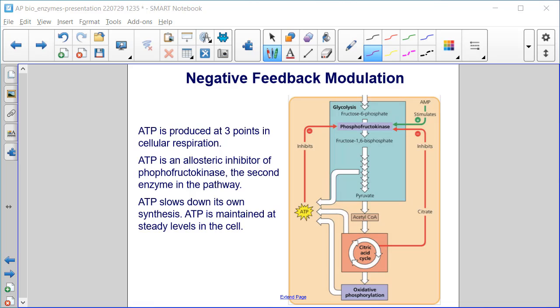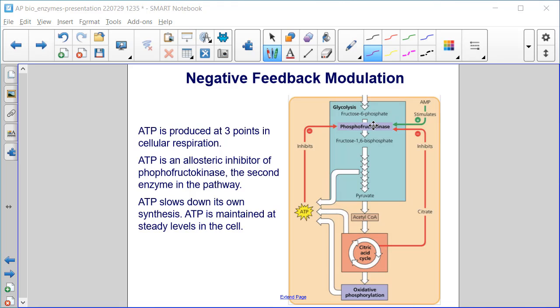ATP is produced at 3 points in cellular respiration. Here, here, and here. ATP is an allosteric inhibitor of phosphofructokinase, the second enzyme in the pathway right here.